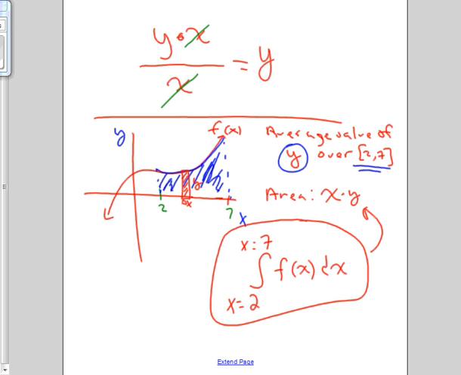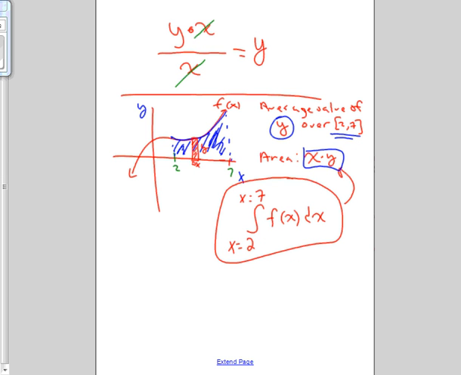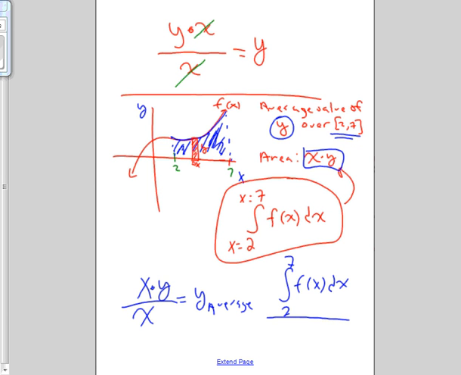Well, the area is x times y. So what I can do then is think about, if I take x times y, my area, and divide it by the total x value, I'm going to get my average y value. So if I take this total area from 2 to 7 of f of x dx and divide it by my x value, which is 7 minus 2, this will give me my y average.